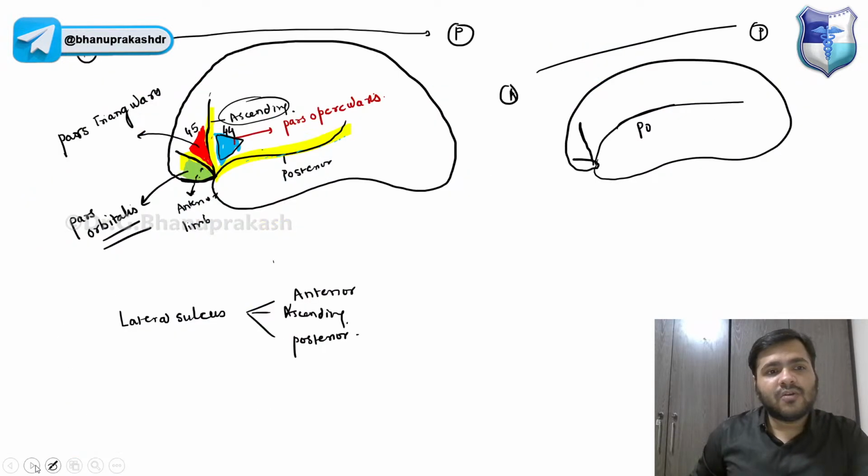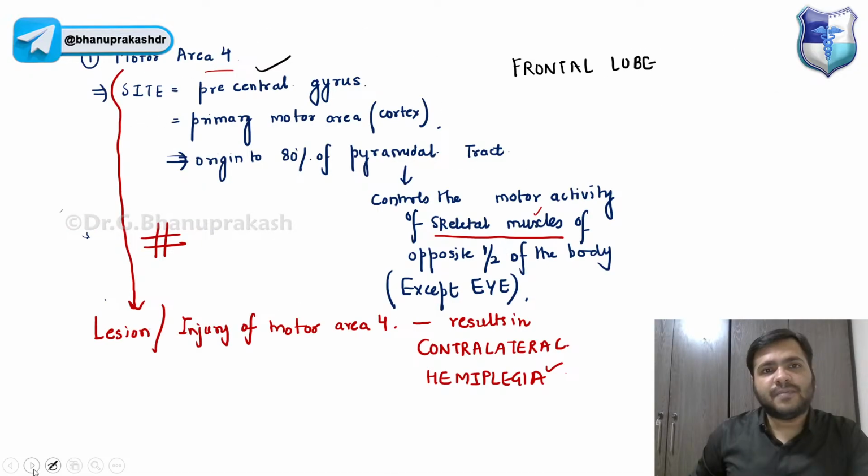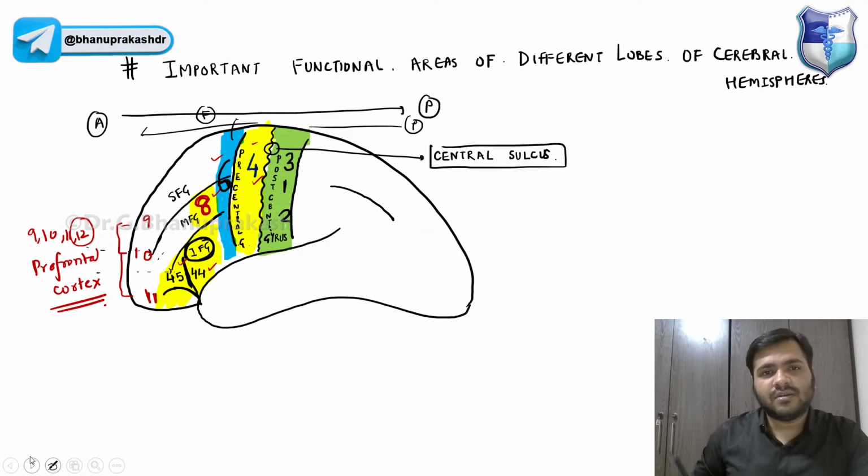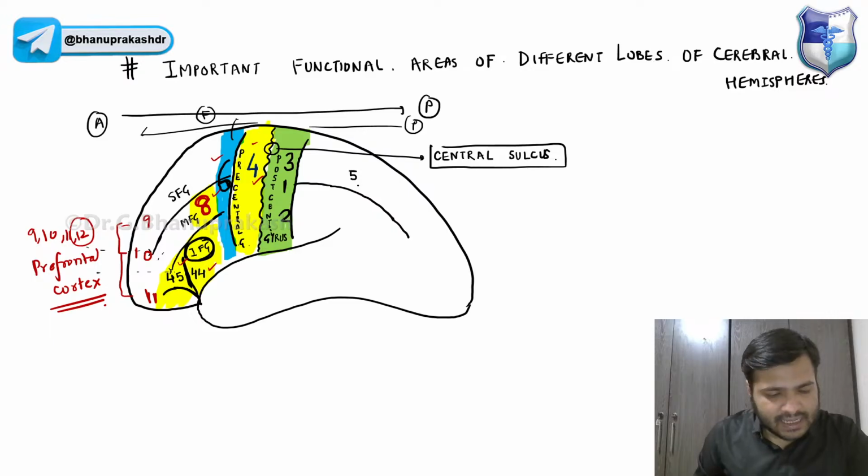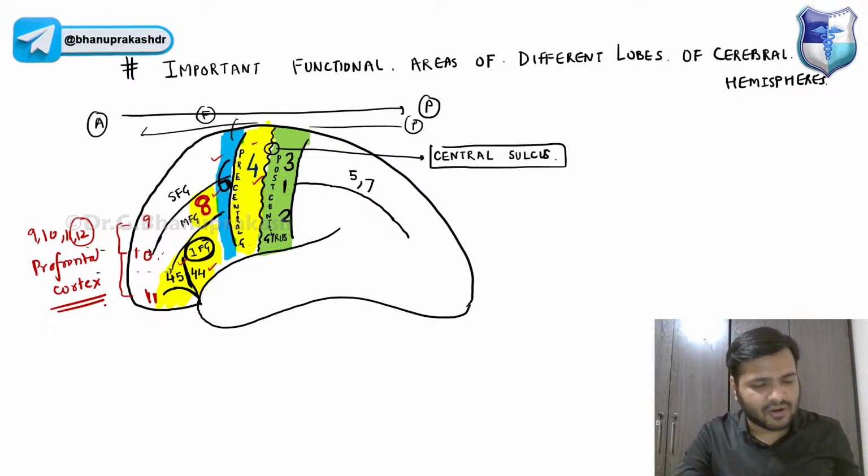Now, guys, just see this particular picture. We have the interparietal sulcus, and over here we have another area, that is areas 5 and 7. This is called the somatosensory association cortex.